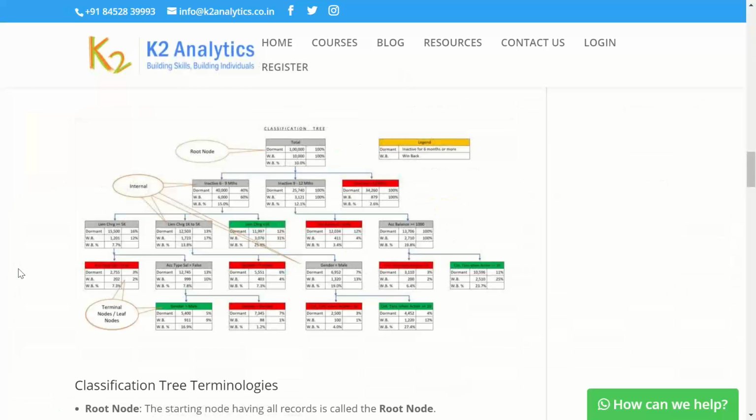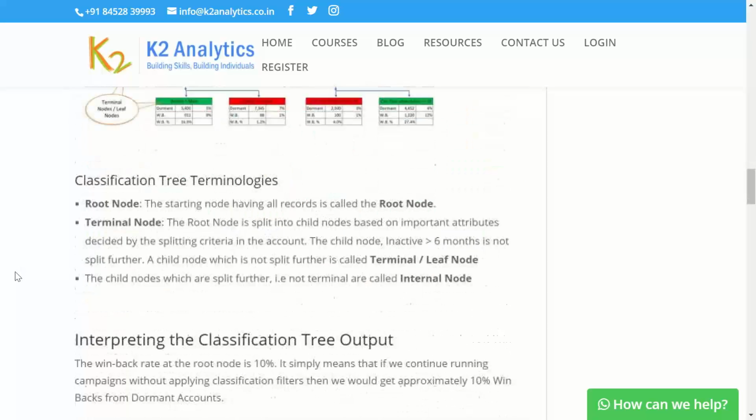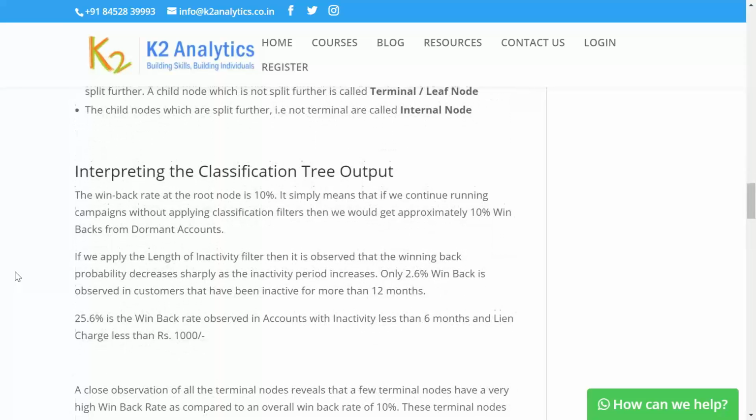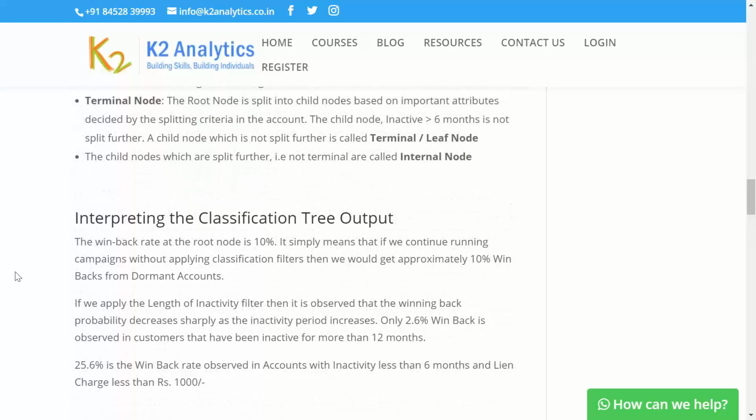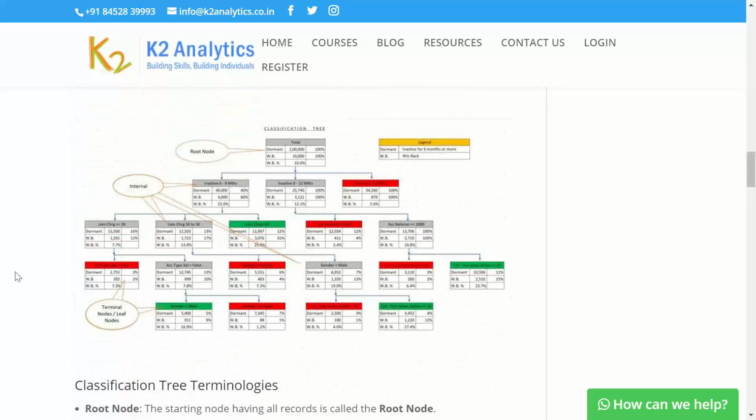So this kind of interpretation we have to start making from the model. On the other hand, if I target, say, this base, let me highlight it, I will get a win back of 27.4%. Or if I target this base, I will get a win back of 25.6%.